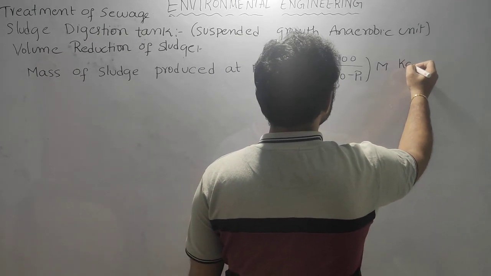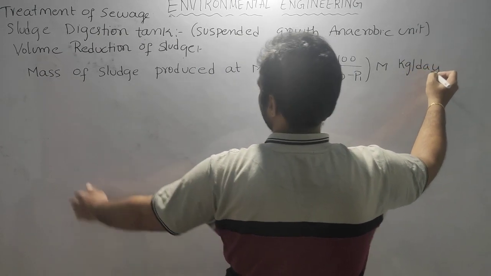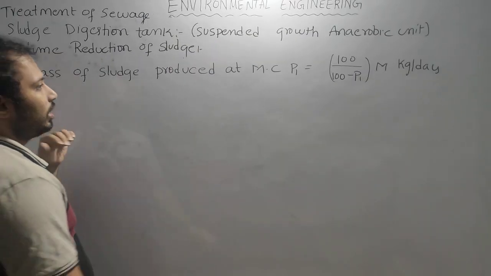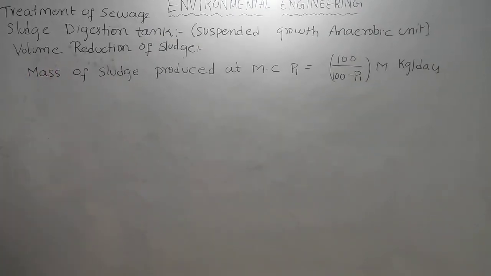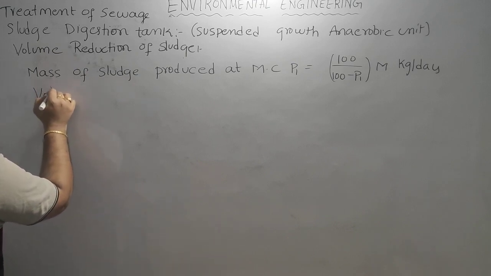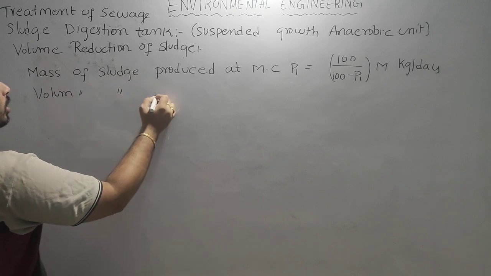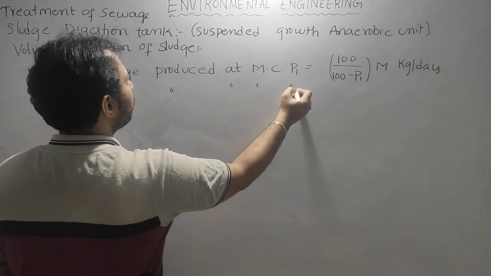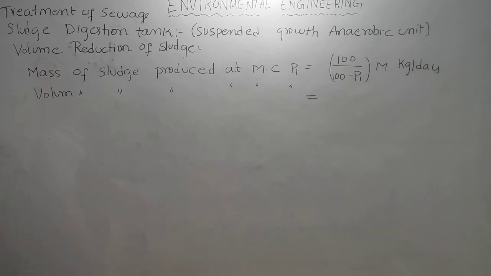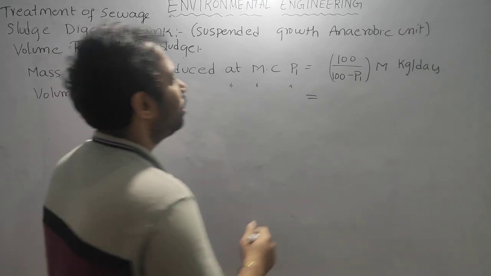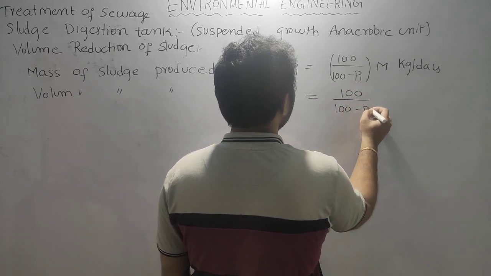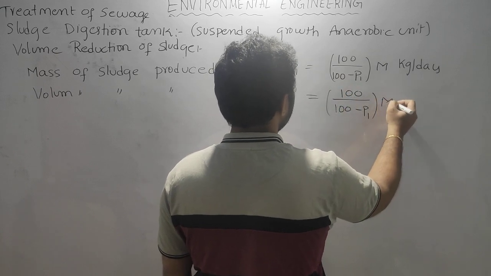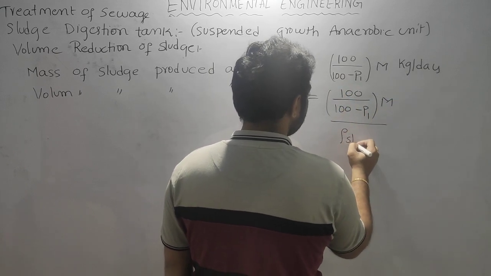Now what is the volume of this? This is the mass of the sludge produced when m is the mass of the dry solids. So what is the volume of the sludge at moisture content P1? Volume of sludge produced at moisture content P1 is equal to the mass by density of the sludge, so 100 by 100 minus P1 into mass of dry solids by rho of sludge.